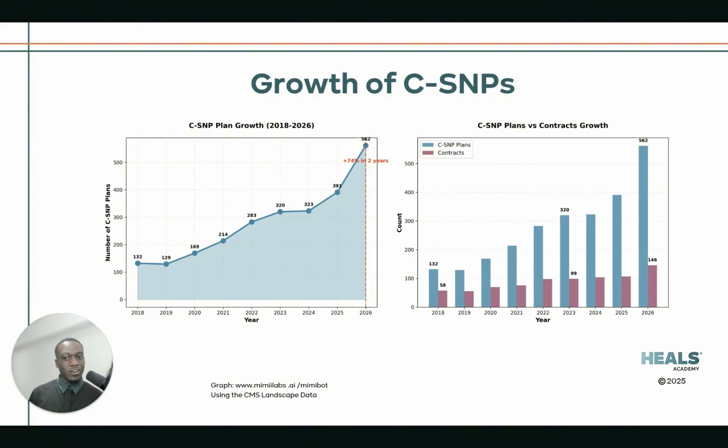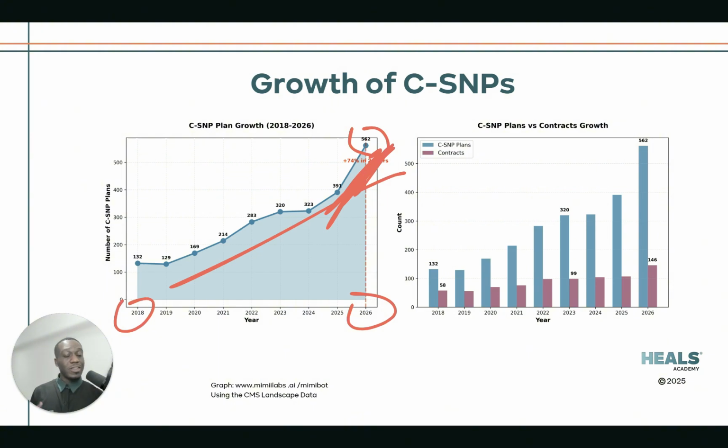You can see from this chart here that the number of chronic condition SNPs, special needs plans, have dramatically increased over the years. From 2018 through 2026, the number of SNP plans have increased tremendously, and you can see the steep slope from here.